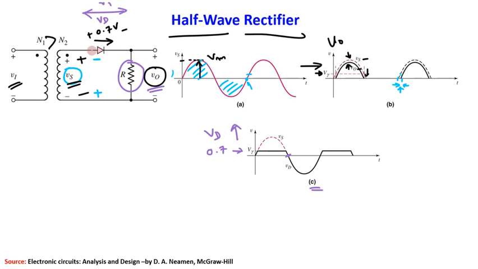Diode is open circuit means whatever voltage you are applying here, the entire voltage will have to drop across this diode. That means Vd will exactly follow the Vs. So we can explain from here till here. That means one complete cycle we can explain.